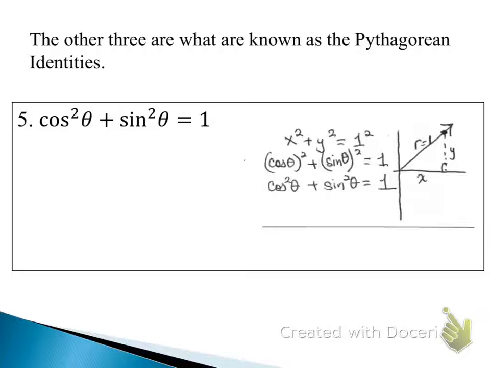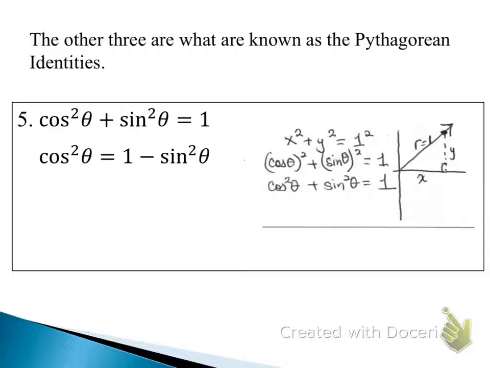There are also other ways to look at the identity. If I was to subtract the sine squared theta on both sides, just like you would when solving equations, then you could also use the identity where cosine squared theta equals 1 minus sine squared theta.